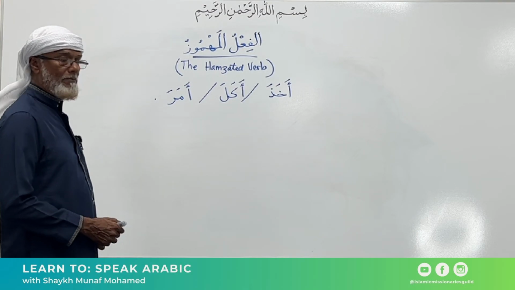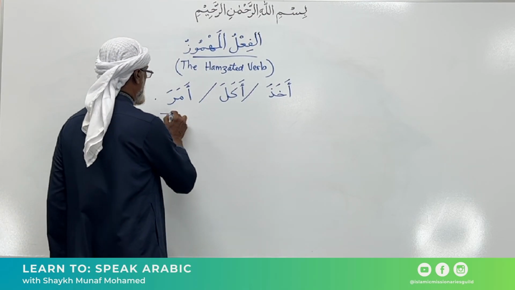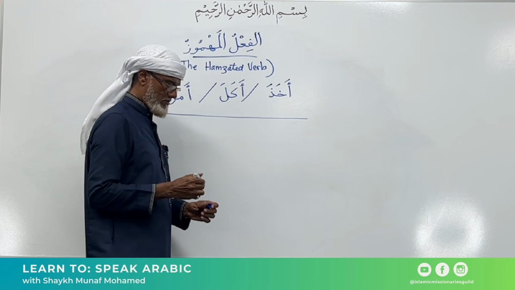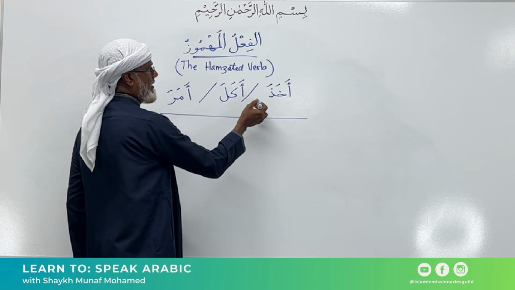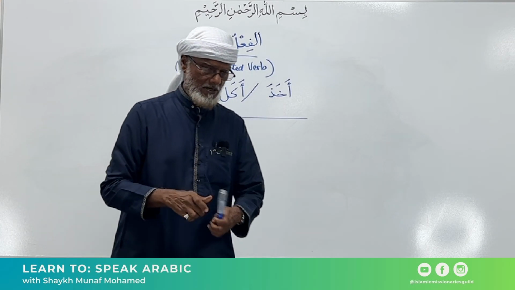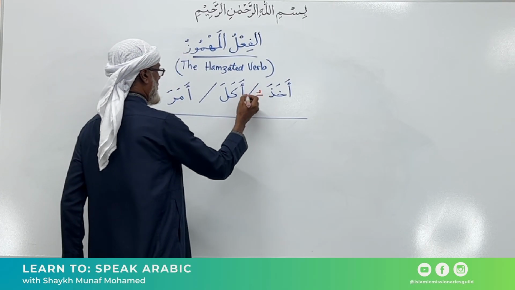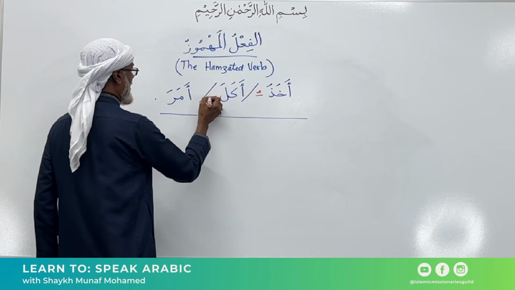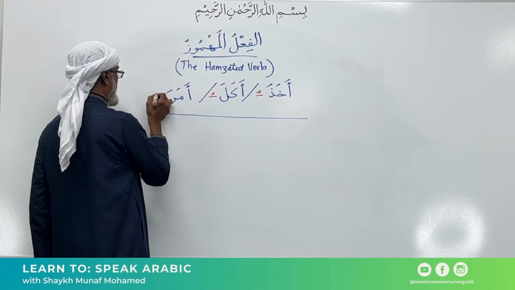for the imperfect tense, yakhudhu, let me write it in red. Yakhudhu, akala yakulu, amara ya'muru.